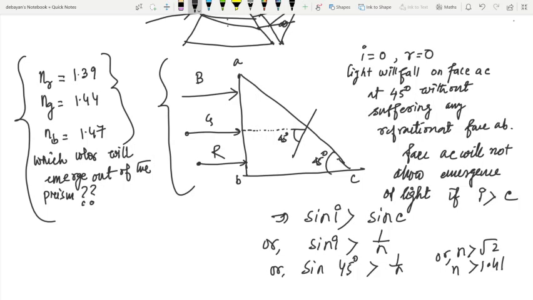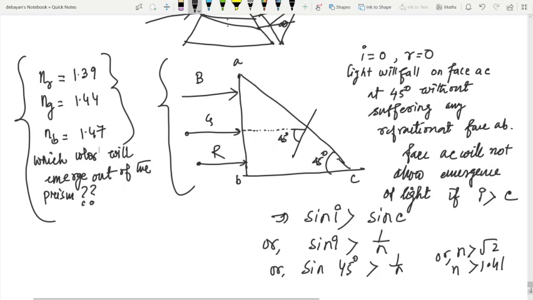Only the red light, whose refractive index is 1.39, can emerge out. Okay, so that is one type of question that may come.